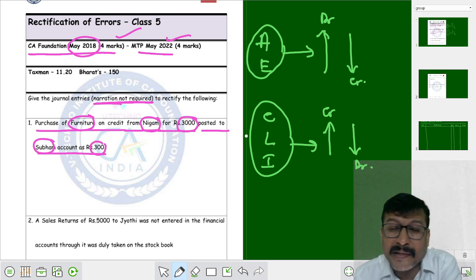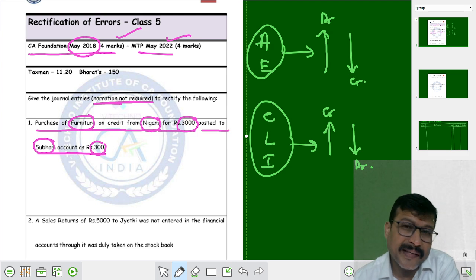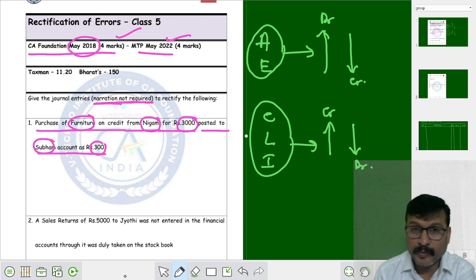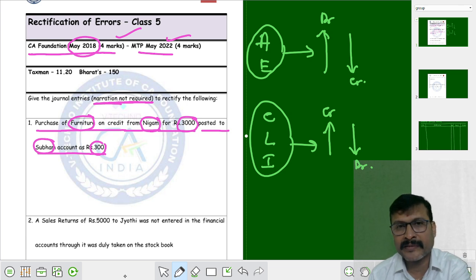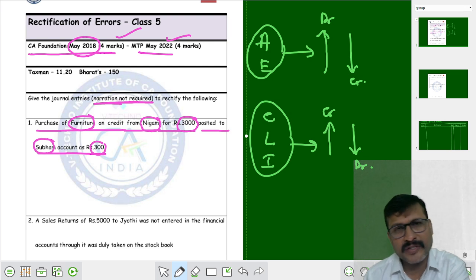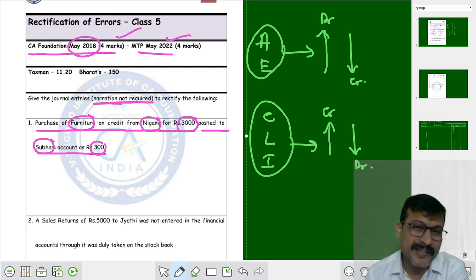See what happened, my dear students? Here you people have committed a mistake. Instead of recording in Nigam, you have recorded in Shubham with an amount of rupees 300. Amount may be a mistake, person may be a mistake. Now shall I start my explanation?